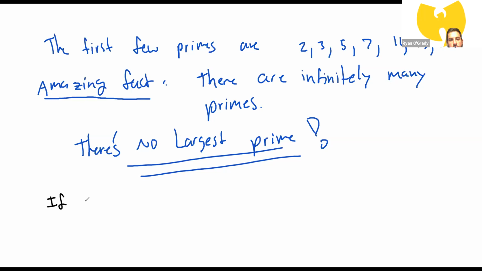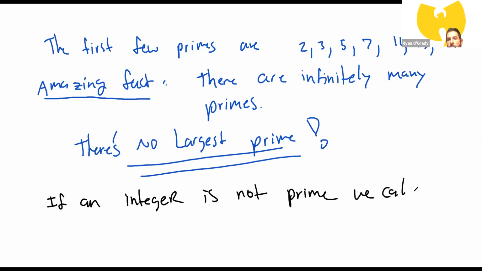If an integer is not prime, the negation, not prime, is called composite. Those are two words you should be familiar with in a class like this: prime and composite.